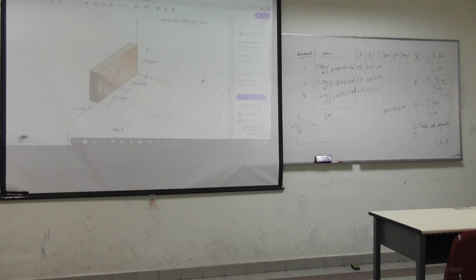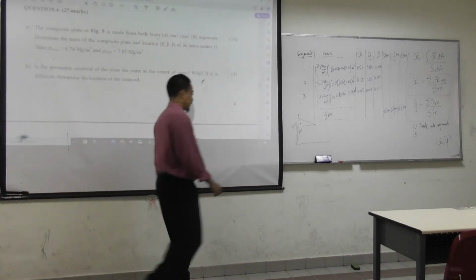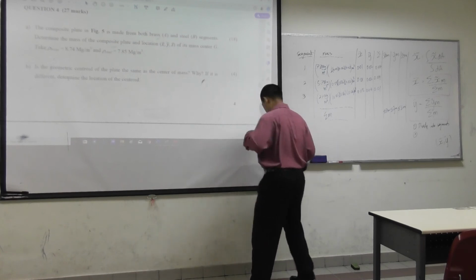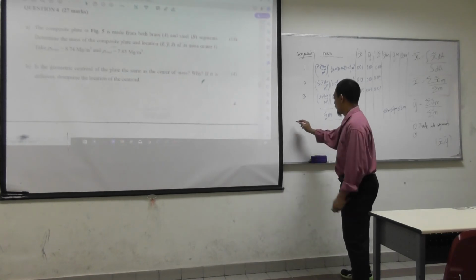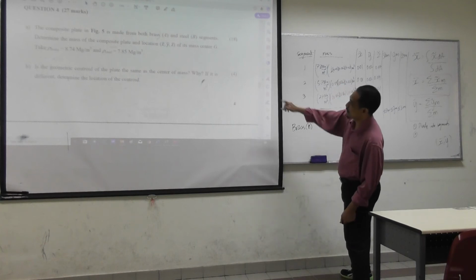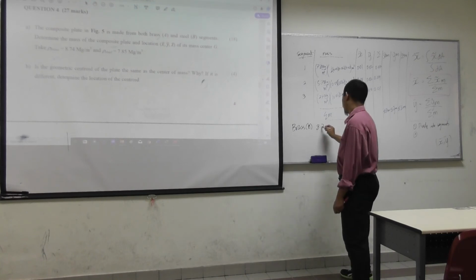Okay, this one. The composite plate in figure 5 is made from brass and steel, so we have two materials. Rho brass is 8.74 megagram per meter cube.